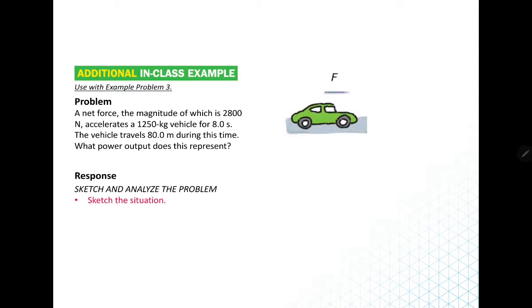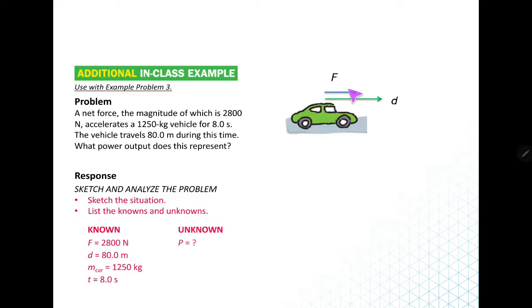So in the beginning, we can make a sketch for the question. Here we have the force and the displacement in the same direction. So we should write the known and the unknown for the question. The known values: here we have 2800 newton, which represents the force.